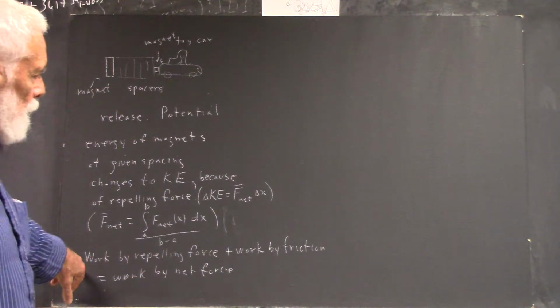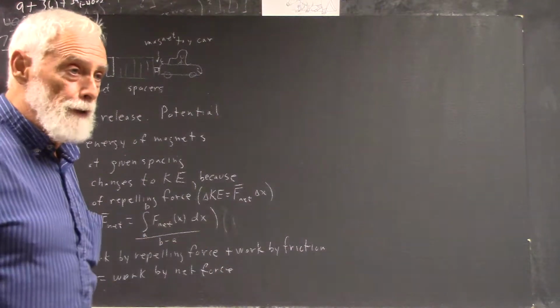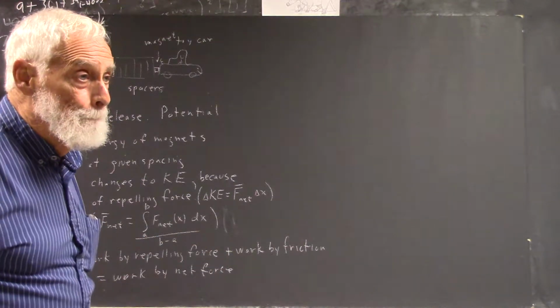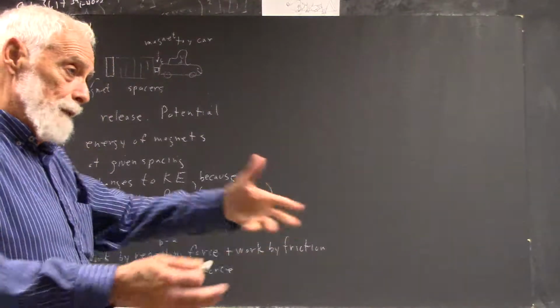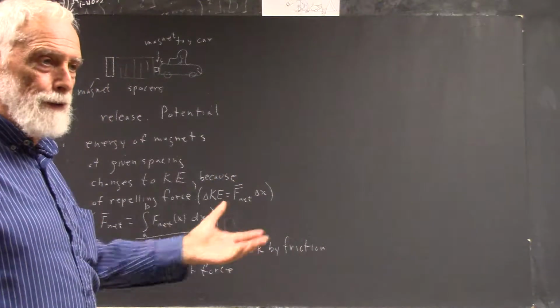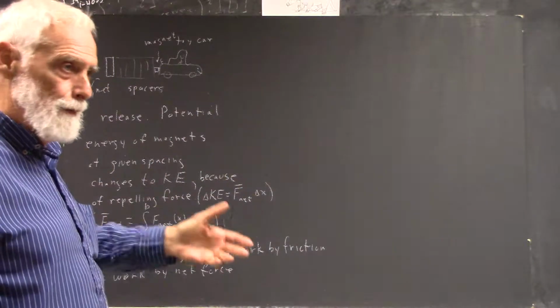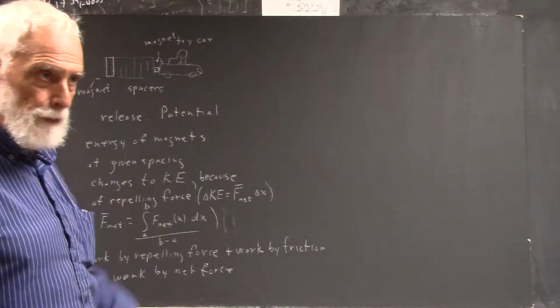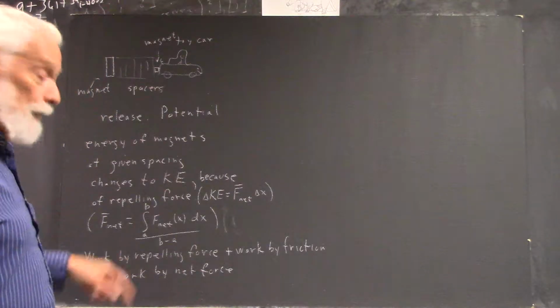Okay, work done by the repelling force plus the work done by friction is the work done by the net force, isn't it? Okay? And y'all picked up on friction. I did just ask what's happening with energy. Why does this thing lose its energy? Is it friction? Well, it's the work done by friction. Friction's in that direction. We're moving in that direction. So friction does negative work, right? And the magnet does positive work.